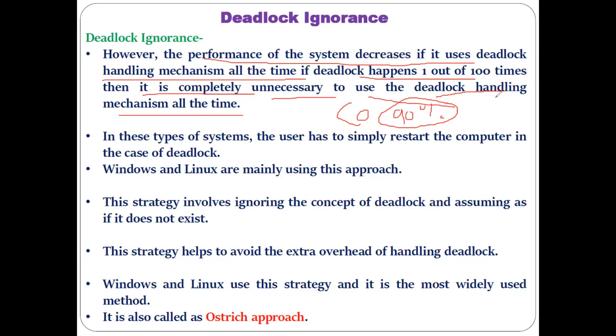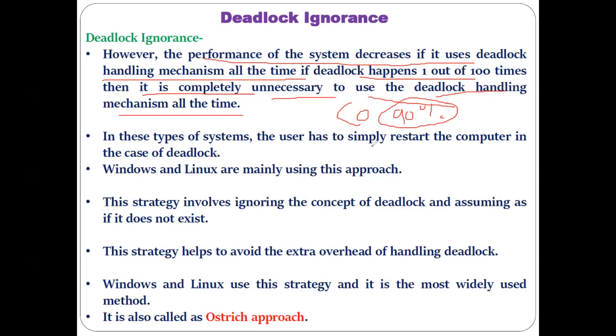Because in order to apply these mechanisms, you have to spend a lot of money. Understood? These are costly deadlock handling mechanisms. There is a need to apply complex algorithms.